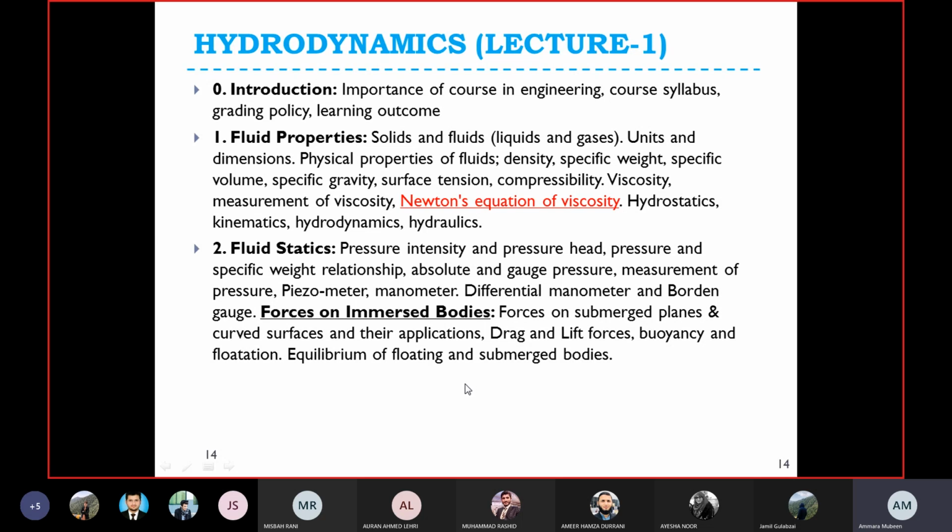Actually, we shall be applying the laws of conservation of mass, energy, and momentum, and the microscopic derivation of those laws, or you can say that differential form of different laws would also be studied. So if we are going to study the differential form of different laws, then this study is associated with microscopic approach.